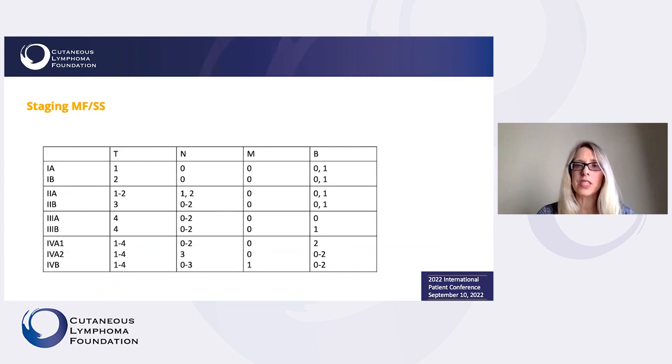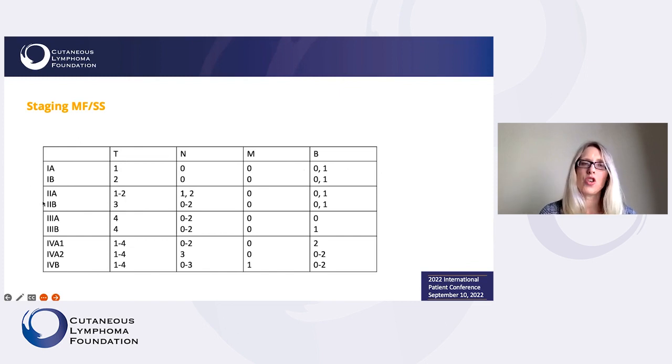Then we take all of this grading we did and we plug it into this table to figure out people's stage. So the majority of people with mycosis fungoides are going to be stage 1A or B. These are patients who have just patches or plaques with no lymph node involvement, no metastases, and they can actually have some blood abnormalities, but it's not a significant number.